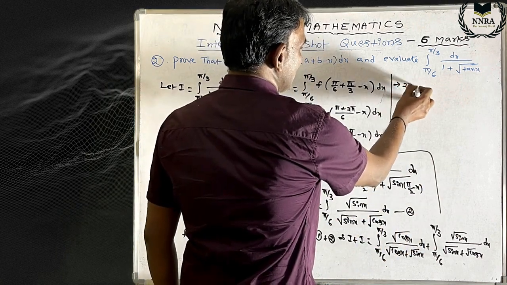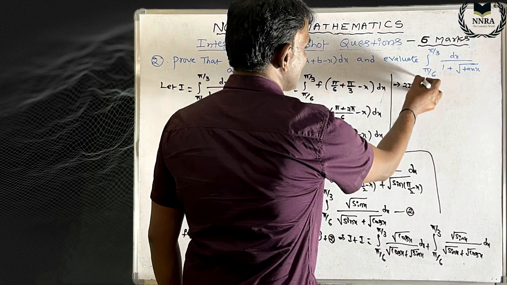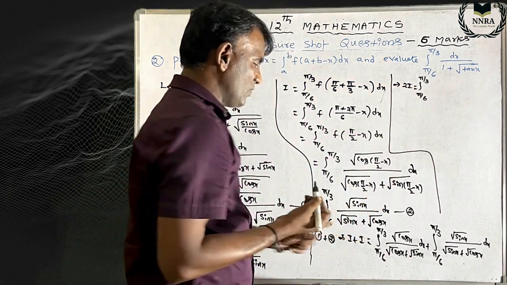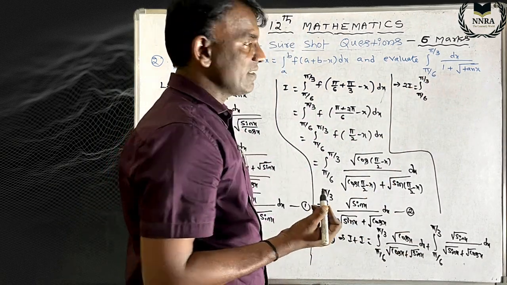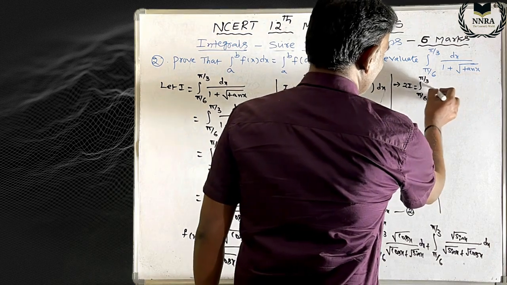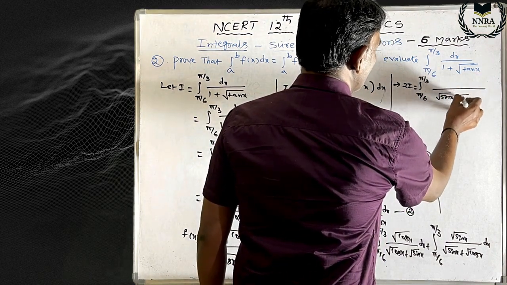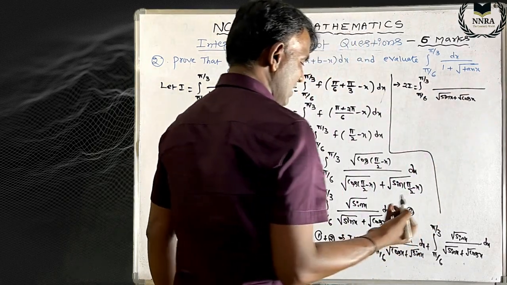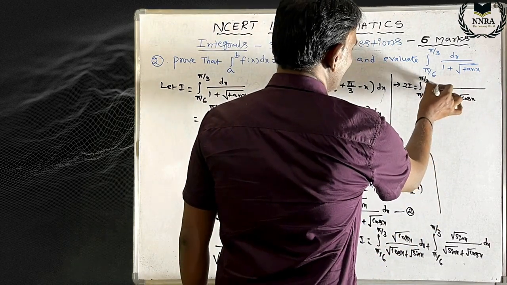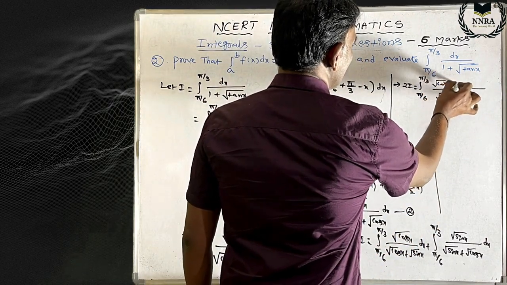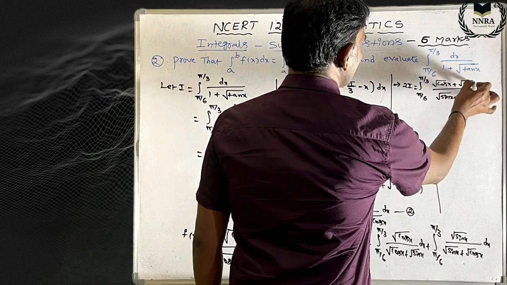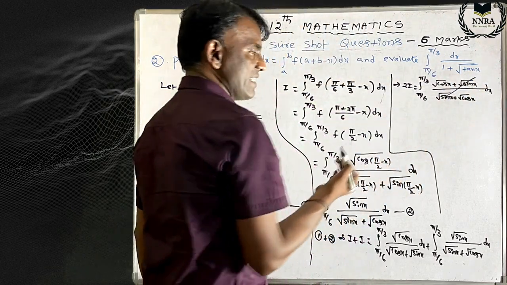So 2i equal to integral pi by 6 to pi by 3. Now both the denominator values are same, right? So that is called LCM. So what is that? Root of sin x plus root of cos x. And coming to numerator, what is that? Root of cos x plus root of sin x. Then dx. Now both get cancelled.